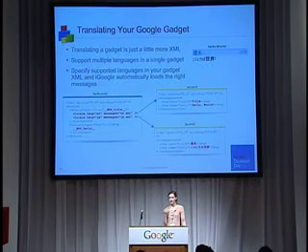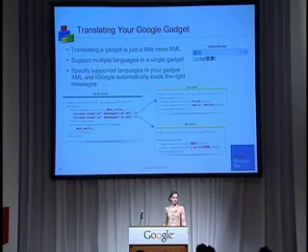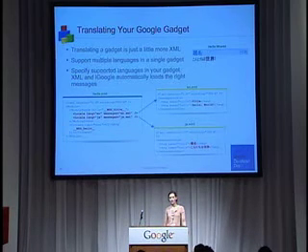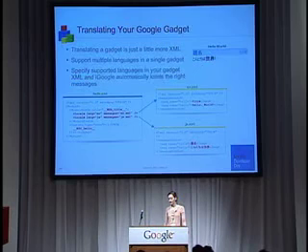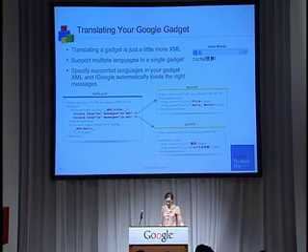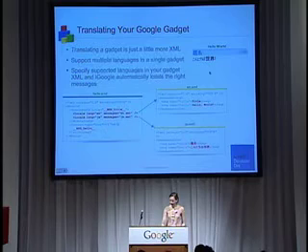So all you need to do to translate a gadget is just add a few more XML files. Basically, all you need to do is add an XML file for each language you want to support. The XML file just contains the messages for that language. So here I have a simple example.